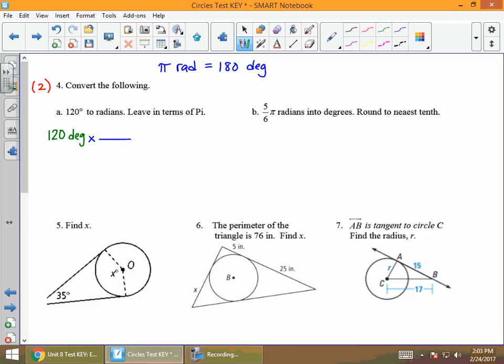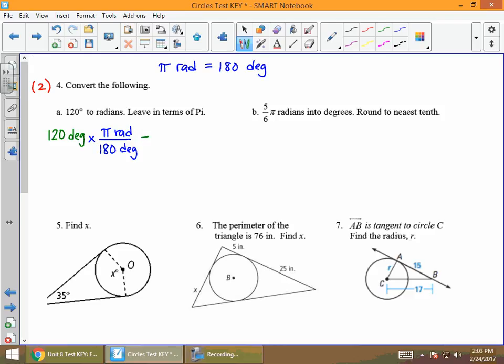So if you remember, if I want to get rid of the degrees, since it's on top, I need a degree on the bottom, so I'll put my 180 degrees on the bottom. I will put pi radians on the top.